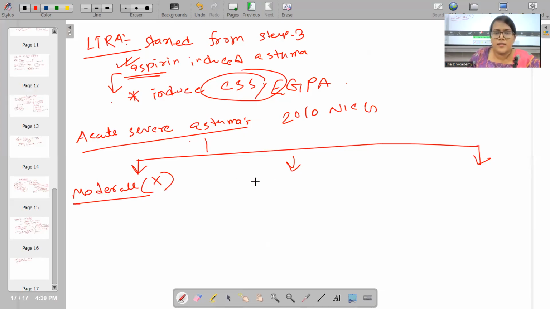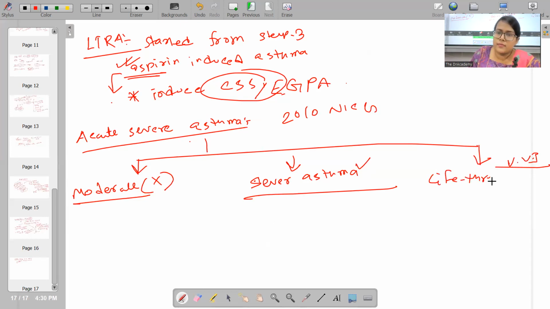Number 2 is severe attacks of asthma. And very, very important is life-threatening asthma. Understanding the features of each of these different varieties of severe asthma is particularly important, okay?